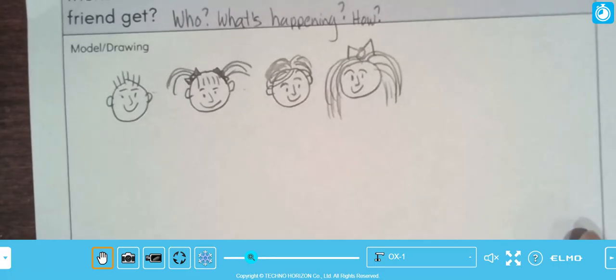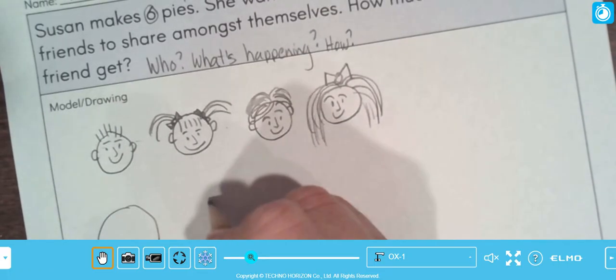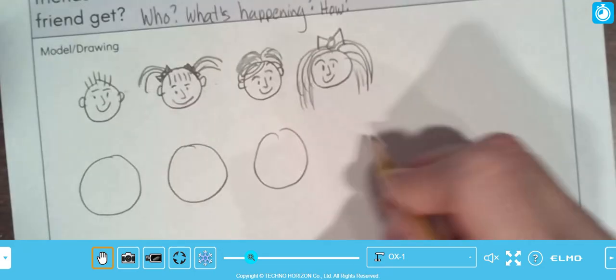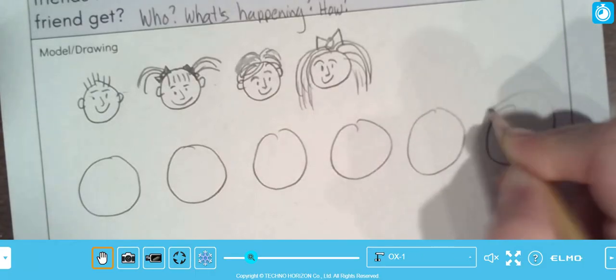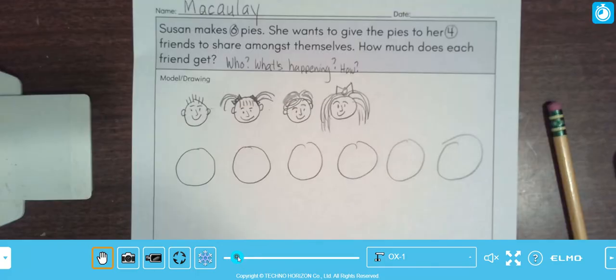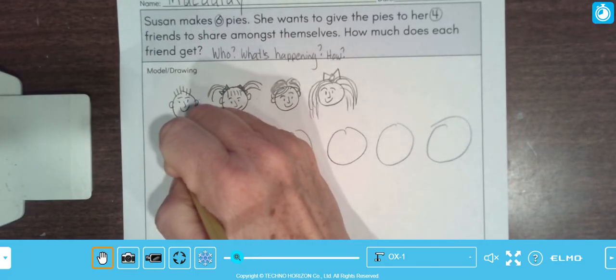You don't have to draw them the way I draw them. And I'm going to draw the 6 pies, okay? So here's 1 pie, 2 pies, 3 pies, 4 pies, 5 pies, 6 pies. Okay, let me see if I can get this better. All right, so there's the pies, and I'm going to kind of make them look like pies.